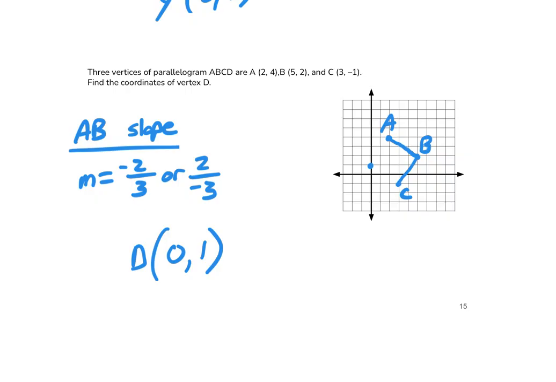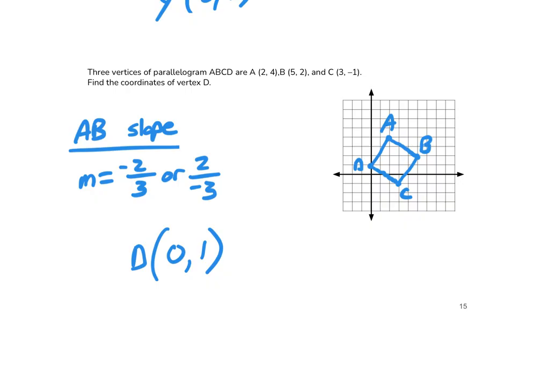Okay, what do we get for the 4th point here? Anybody get it? 0, 1. Okay. D should be at 0, 1. If you're not sure if it looks right or feels right, then just make sure these two are parallel. D to C goes down 2 over 3.